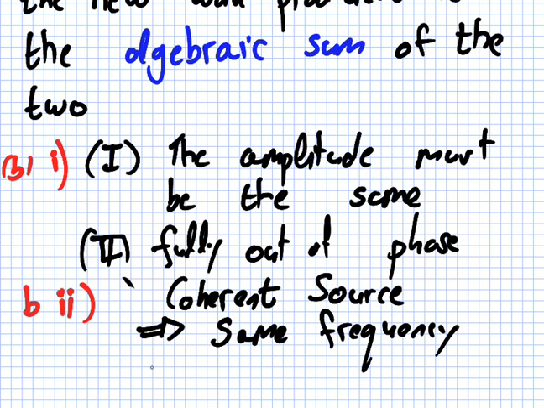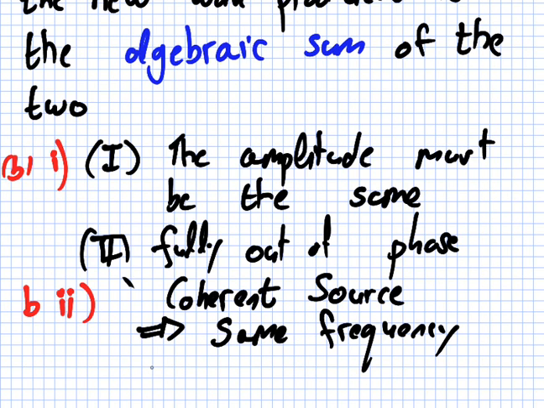In practice, the 2 light rays will come from a single source of light. Why is this necessary? The main reason is coherent source means they have the same frequency.